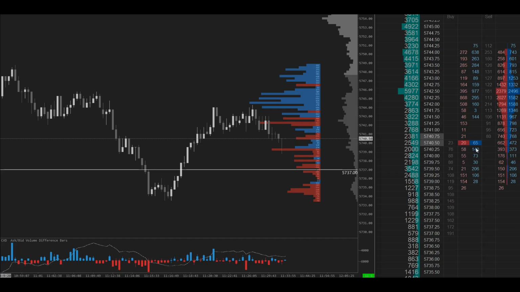Okay, so far, it's looking like a reclaim. Once we get just a little bit higher, we can see the interest from the buyers.